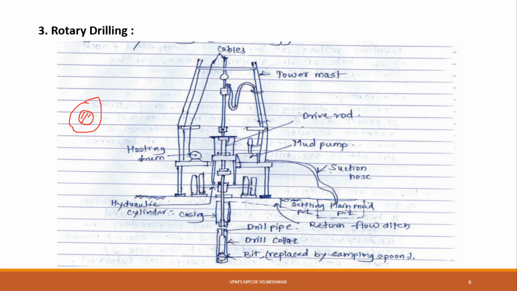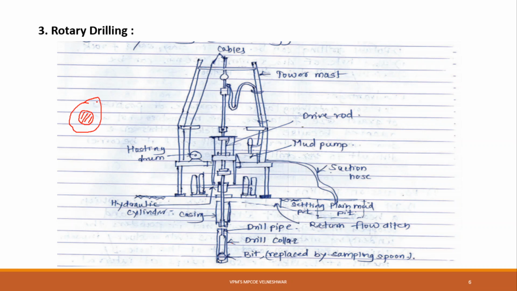The inner portion is your hollow drill pipe and this is the annular space. The cutting material is carried out to the ground by the fluid through the annular space.